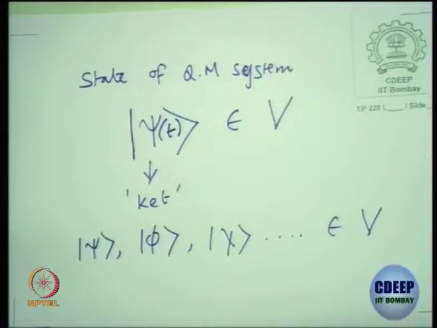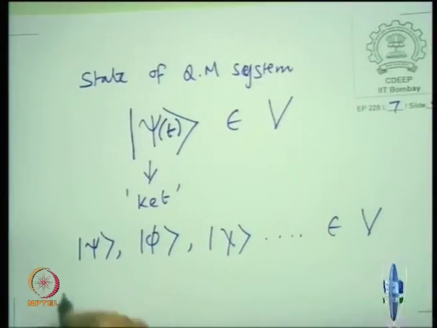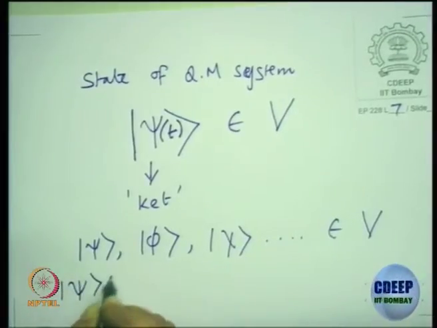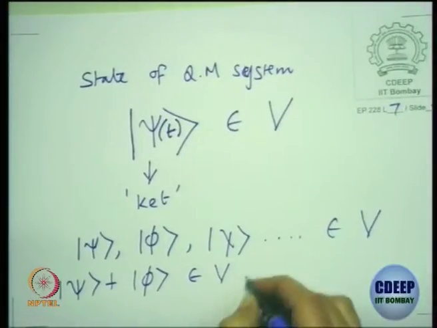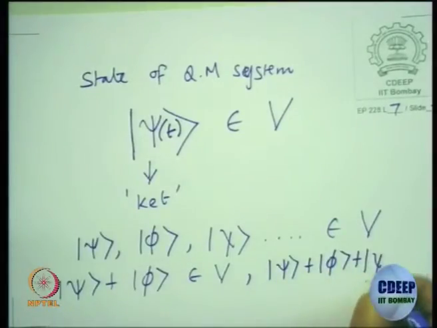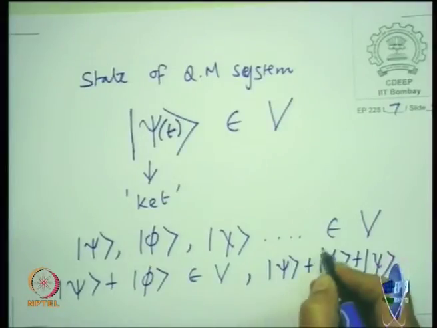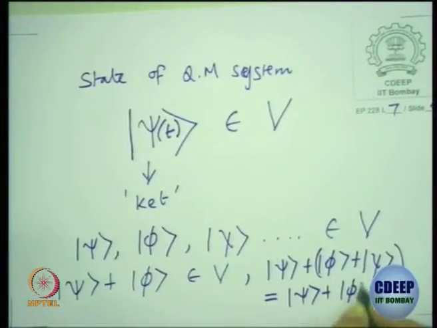Then you have to satisfy those familiar properties which we were studying. Psi plus phi should be an element of V. What else? Psi plus phi plus chi, you can also satisfy this associativity property, same as psi plus phi plus chi.